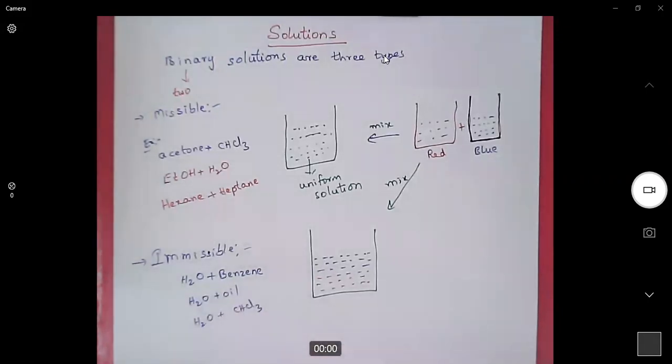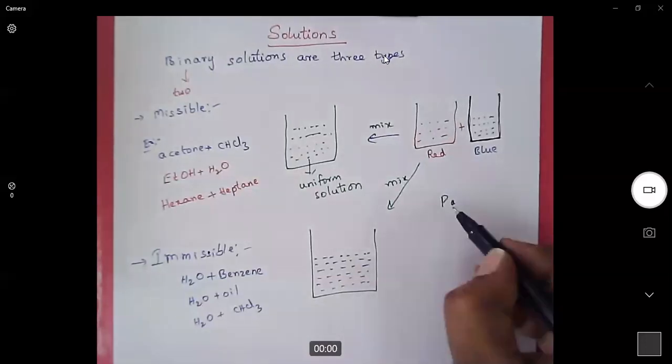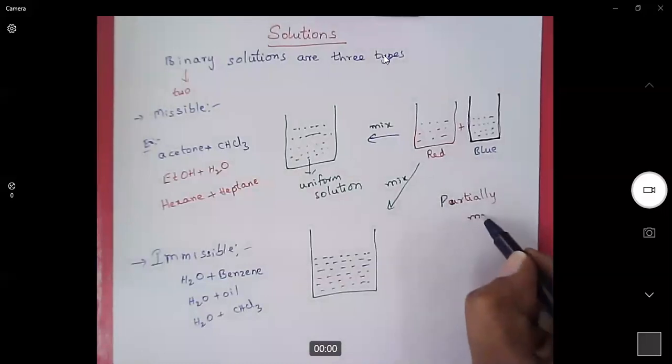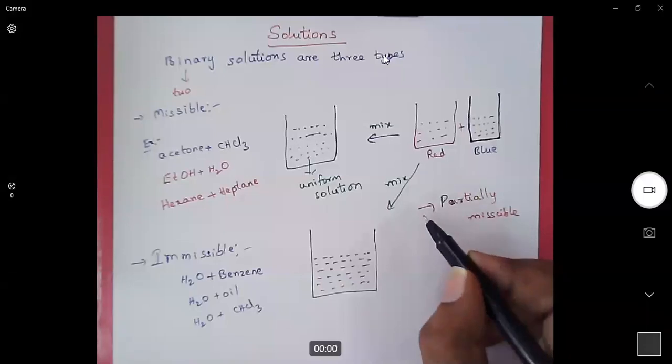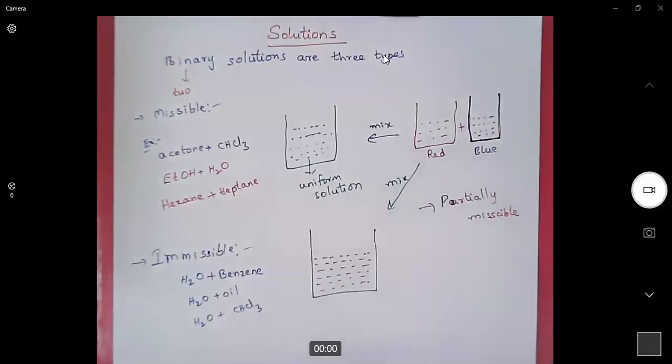Now the third type is partially miscible liquids. What are partially miscible liquids? When we mix these two different components, only a small portion is miscible.